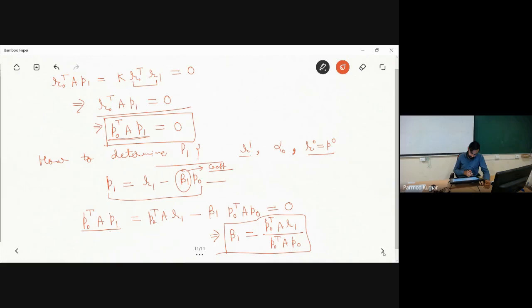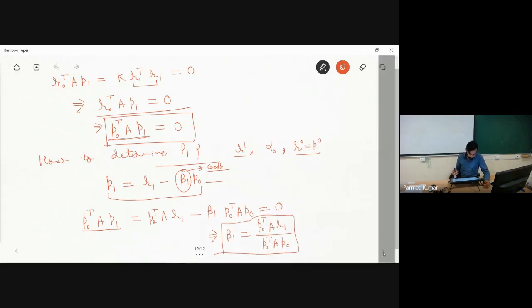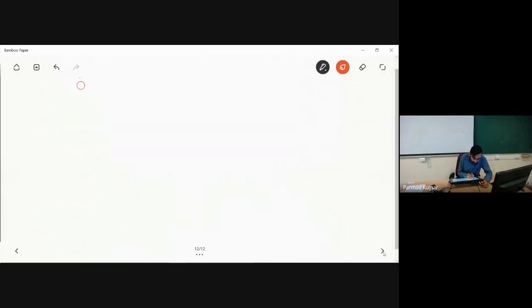Once we have beta 1, I can find out the value of P1. This point is clear. So once P1 is known, I can find phi 2, which is nothing but phi 1 plus alpha 1 into P1.